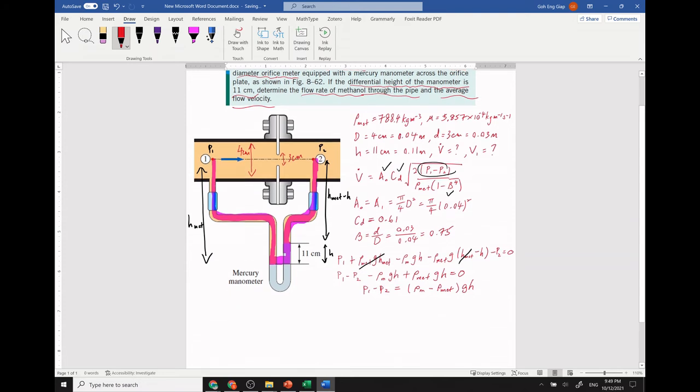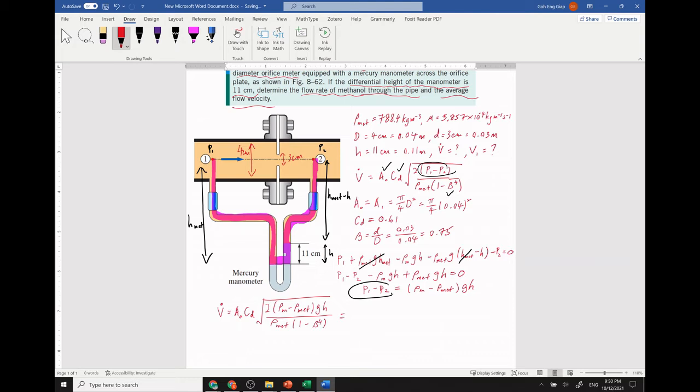Now we have P1 minus P2, so we can use the flow rate calculation equation: rho A2 CD times the square root of 2, which is replaced with rho m minus rho mat, g H, over rho mat times 1 minus beta to the power 4.